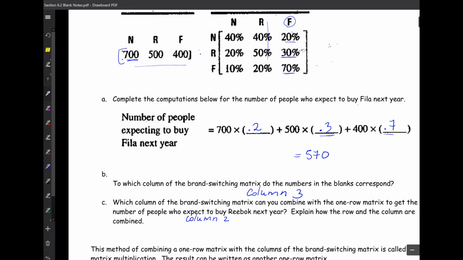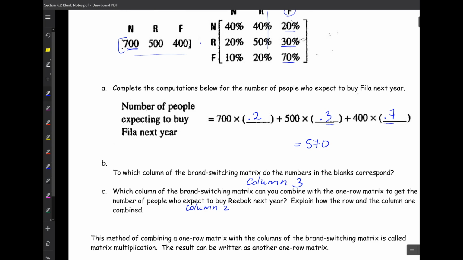So explain how the row and the columns are combined. That's a little bit hard too. We need to come back to this question after you guys see the matrix multiplication. But really, the rows line up with the columns.